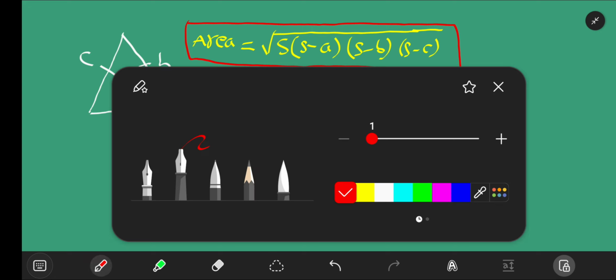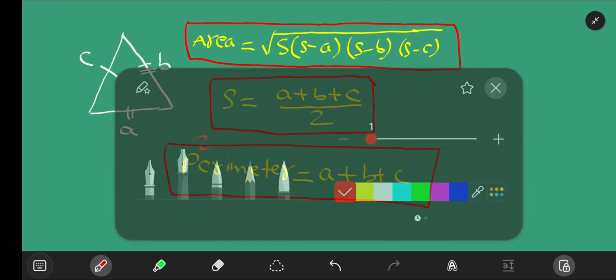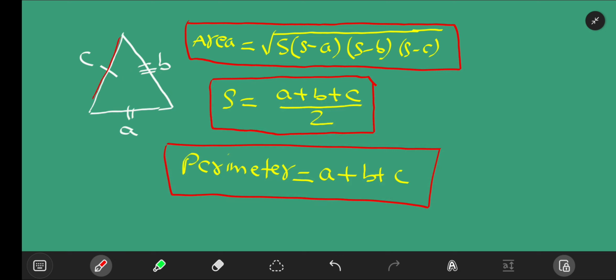Perimeter means nothing but summation of three sides. This border length is called perimeter. This side length is A, this side length is B, this side length is C. So this complete border length is called perimeter. So A plus B plus C is the perimeter.